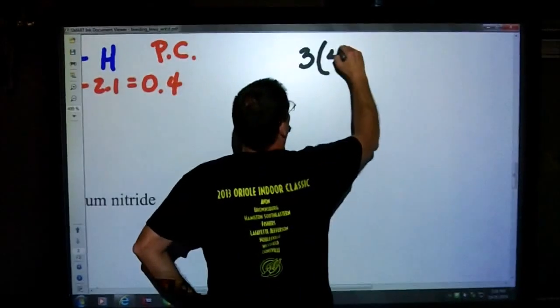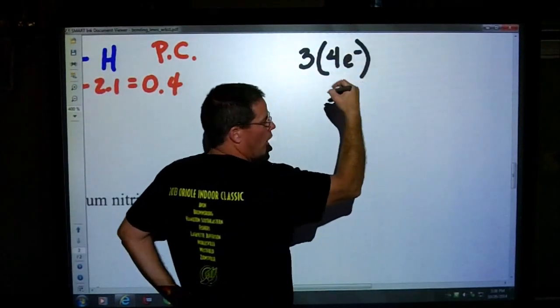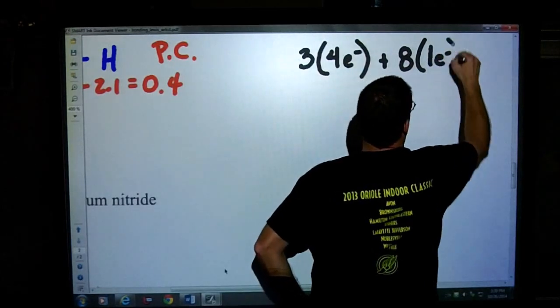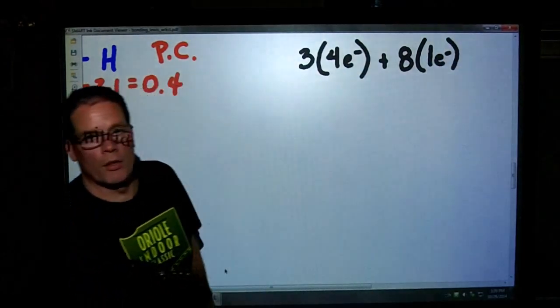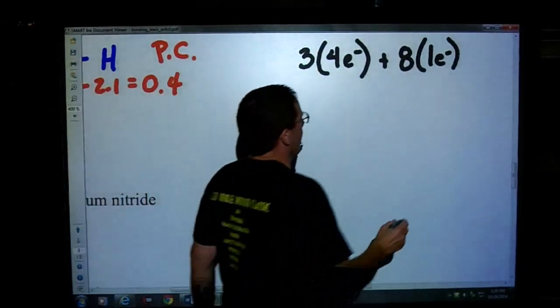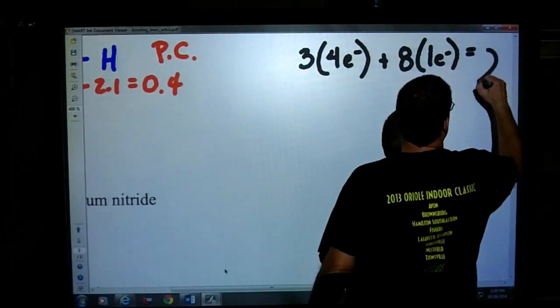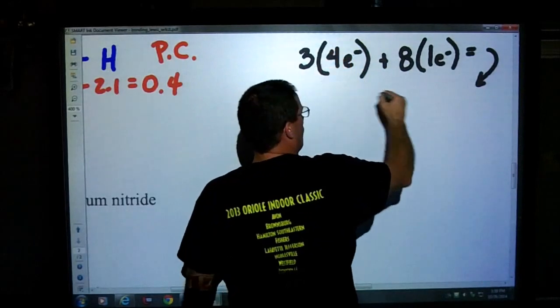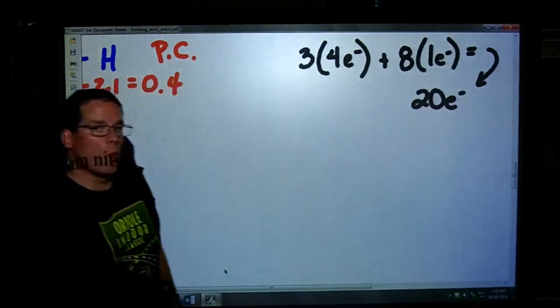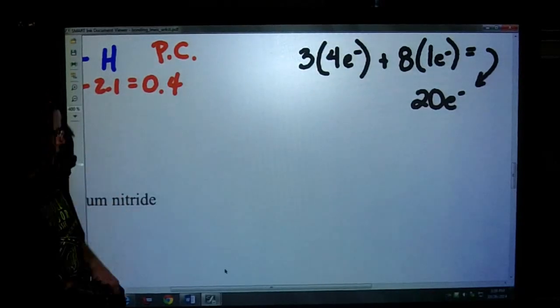So we have 3 times 4 electrons, that represents our carbons. And then we have 8 hydrogens with 1 electron each. And when we add those up, we got 8 plus 12, which is 20. So that's how many total electrons we must represent in our structure.